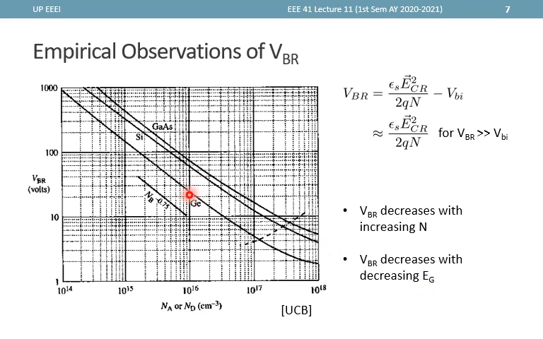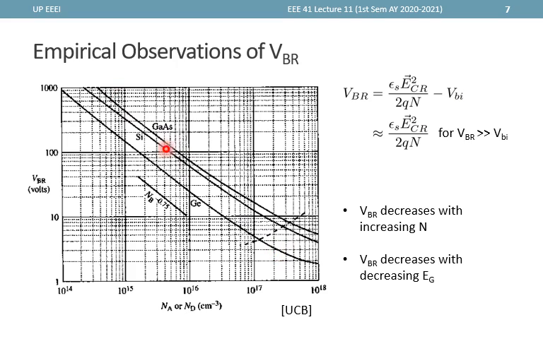Germanium actually has a smaller EG than silicon, and gallium arsenide has a larger EG than silicon. So this means that germanium breaks down easier than silicon for the same amount of doping at the lightly doped side. Now note this dashed line here, which indicates approximately where the tunneling breakdown starts.